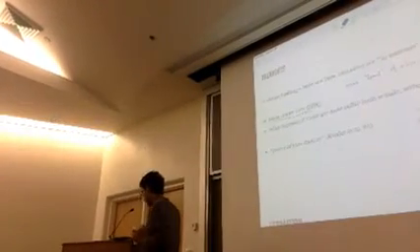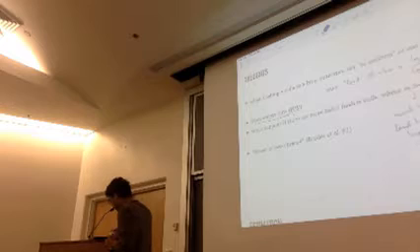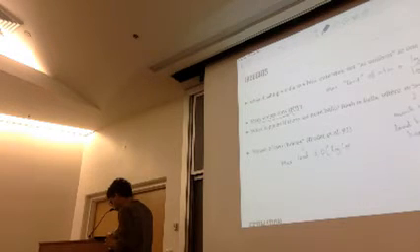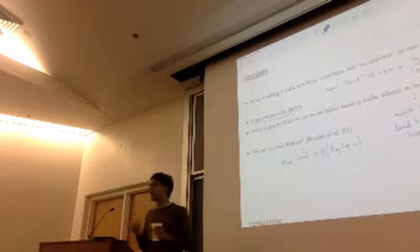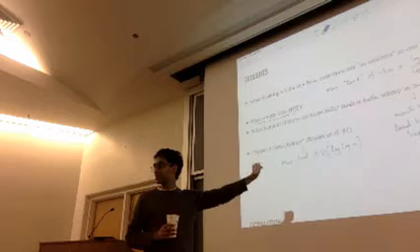Okay. And very surprisingly, this turns out to give a maximum load of log n, which for all practical purposes is usually constant. Okay, so it's a very, very slowly growing function of n.